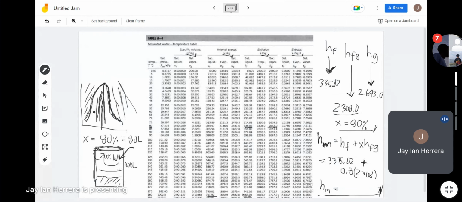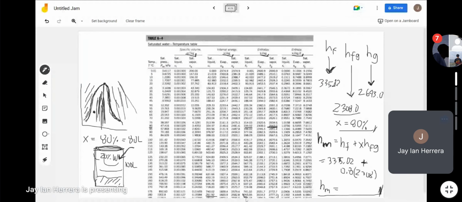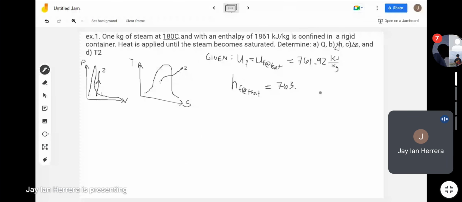HF at TSAT is 763.05 kilojoule per kilogram.